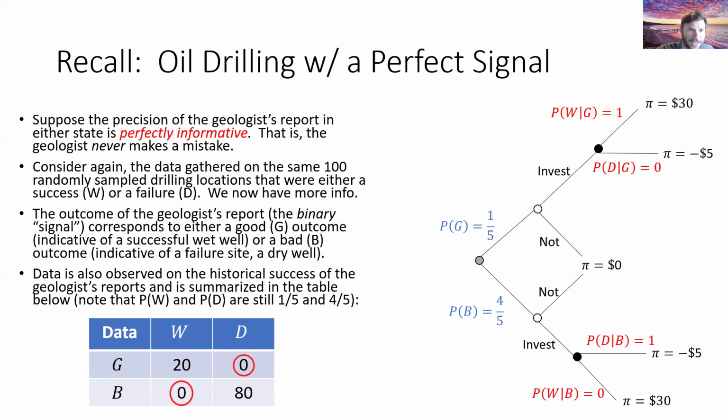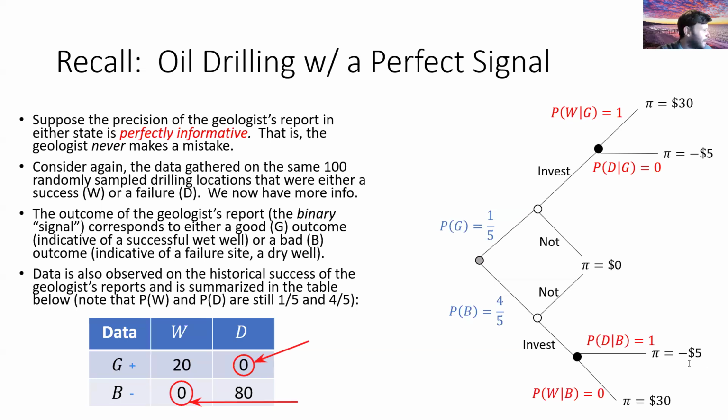In fact, if the geologist had done that, we have very specific names for these types of mistakes with respect to specifically a binary class problem. It might help to think about the good report as being associated with a positive report and the bad report as being associated with a negative report, because then we can give some somewhat familiar names to the situations we are looking at when the geologist makes a mistake.